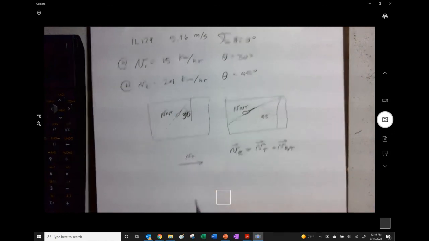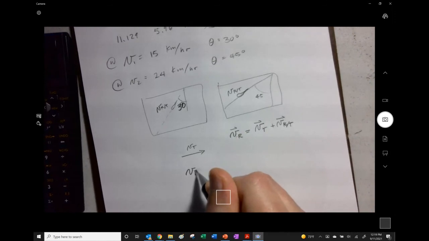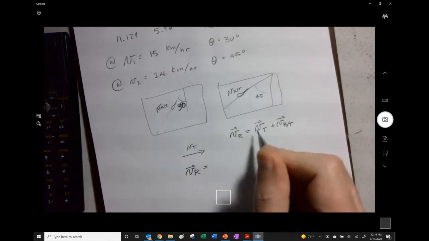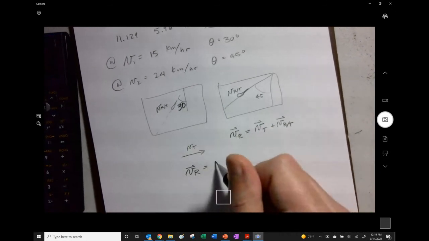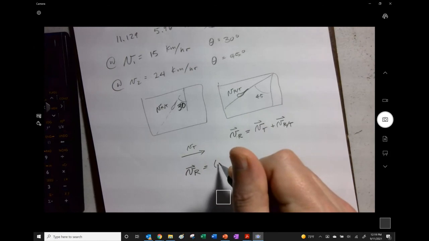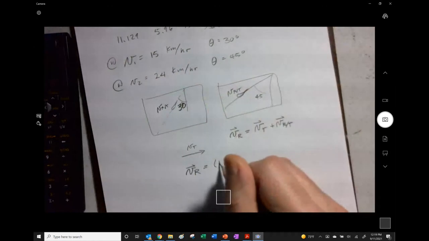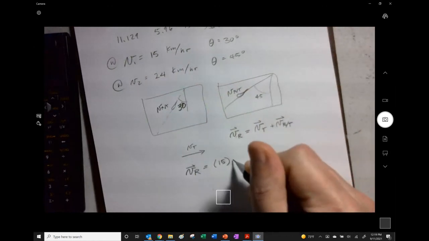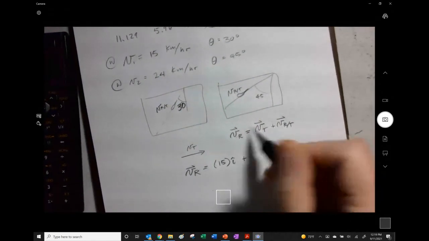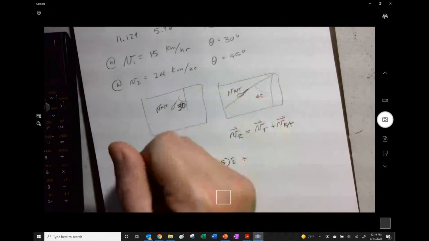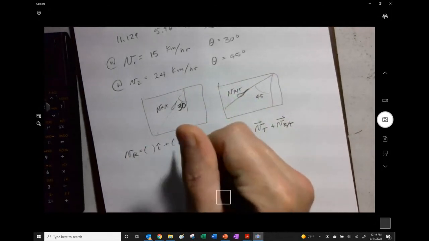So what we can say to be able to solve the thing is the velocity of the rain at this first condition right here is going to be, one second here, I guess I'll keep it as this. I'll go 15, plus something. The velocity of the rain is going to be something i plus something.